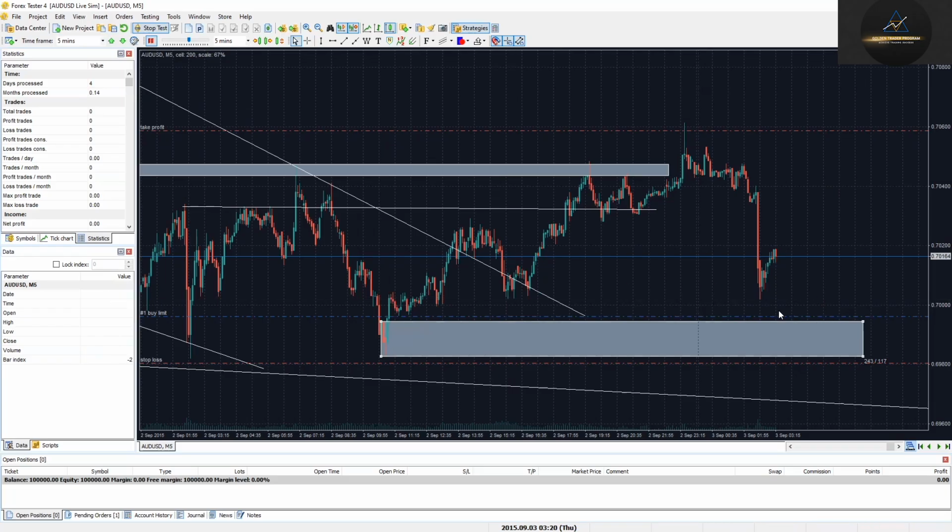This engineering of equal lows, which is just a pip or two above the psychological level, just kind of shows me that they're intending to take price lower. And looking at the time as well, we're deep in the Asian session, so we're going to come up to the European Open very soon. So I'm expecting price to really drop.